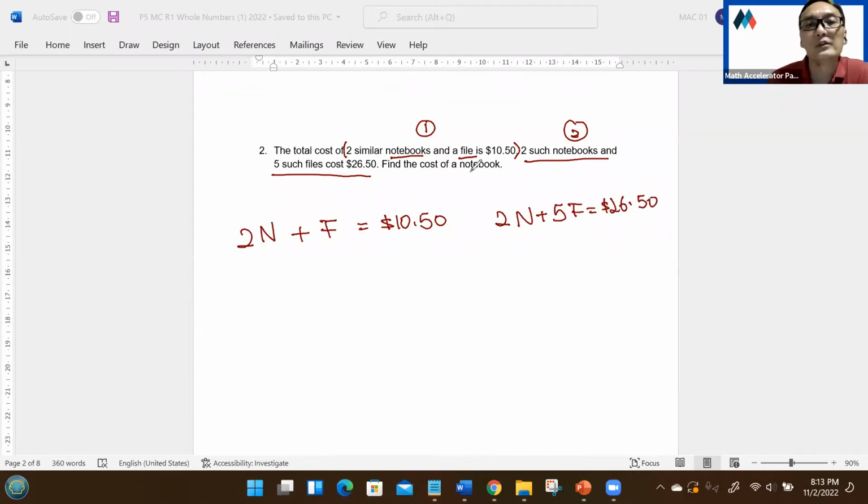So now we need to find the cost of a notebook. $4 per notebook is okay, let's check later. So now what we need to do is, here we have 2 notebooks and a file. Here we have 2 notebooks and 5 files. Right. So therefore, we will put this equation below this, and we're going to do a subtraction.